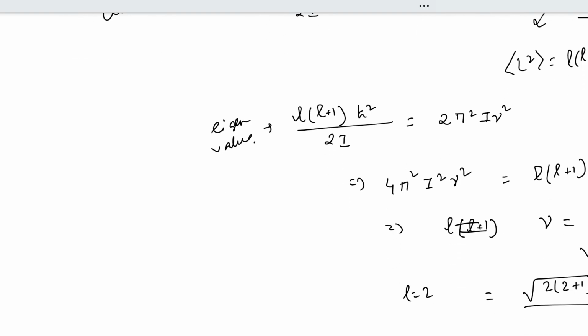So you are getting the answer as root over 6 h cut divided by 2 pi I. Okay, this is option number D, root over 6 h cut by 2 pi I.